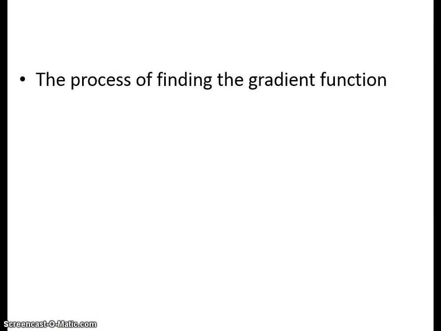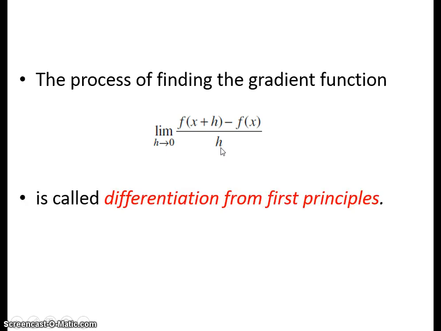Now the process of finding the gradient function using this formula, the limit as h approaches 0 of f of x plus h minus f of x, the whole thing divided by h, is known as the first principles formula, and it's called differentiation from first principles.